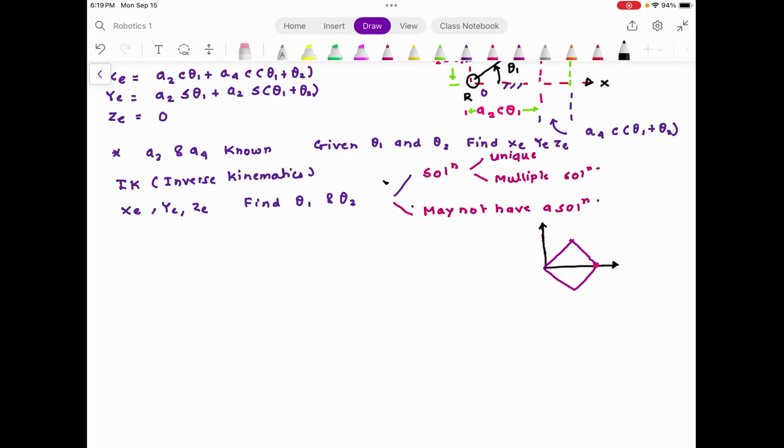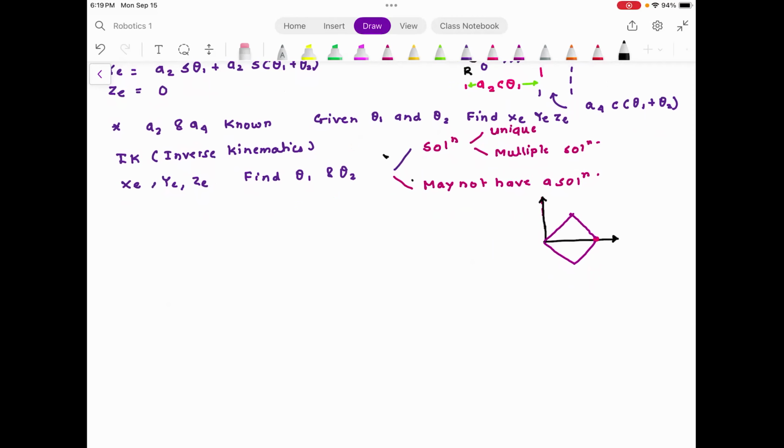In the last class, we had R parallel R robot. So you have this robot, you have first revolute joint. This first revolute joint is attached to second revolute joint. Second revolute joint is attached to the link and this forms the end effector.